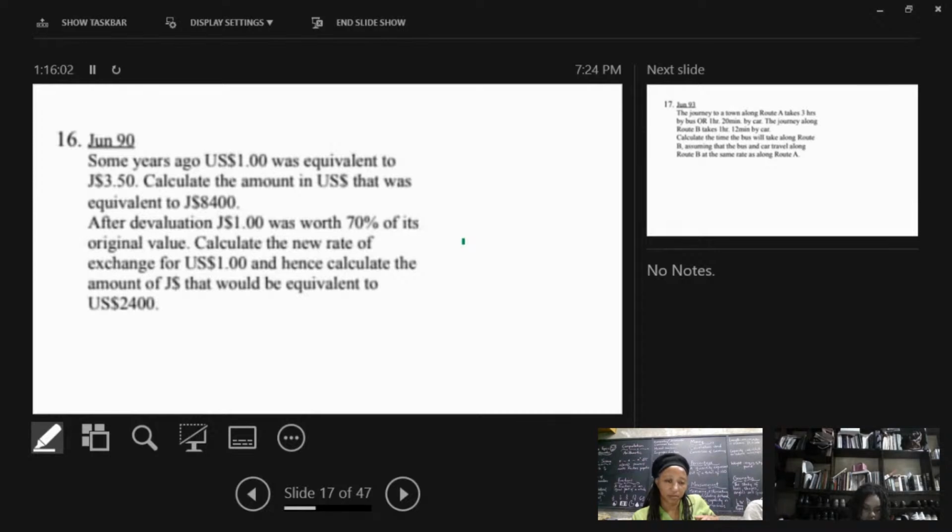Calculate the amount in US dollars that was equivalent to 8,400 Jamaican dollars. After devaluation, one Jamaican dollar was worth 70% of its original value. Calculate the new rate of exchange for US $1 and hence calculate the amount of Jamaican dollars that would be equivalent to 2,400 US dollars.